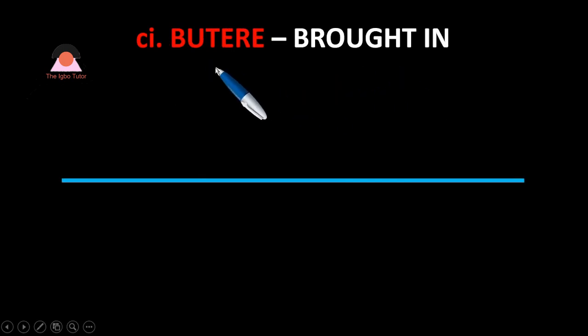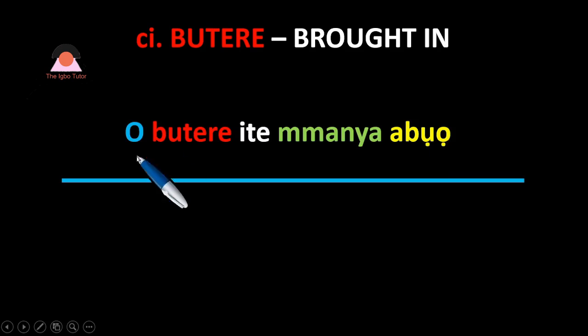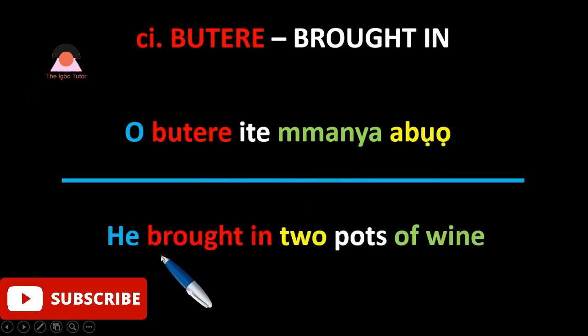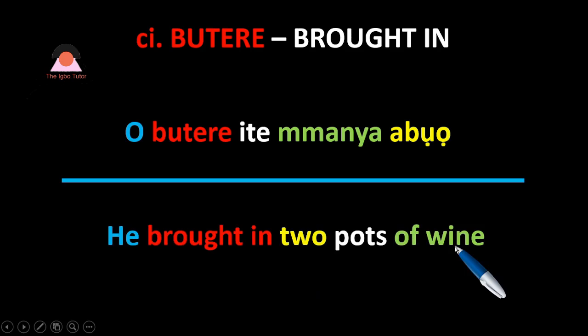We'll look at the sentence now. O butere ite mmanya abụọ. What does this mean? He brought in 2 pots of wine. From the color, you can see that mmanya means wine. O butere ite mmanya abụọ.